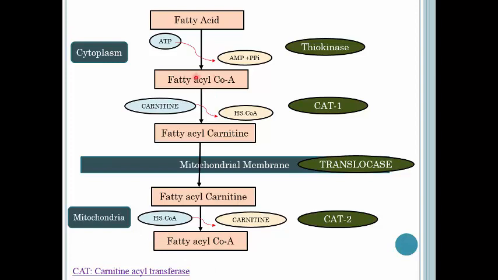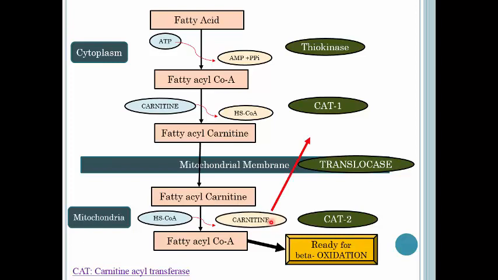So this fatty acyl CoA, with the help of CAT1, CAT2 and the translocase, has been transferred to the mitochondria, and now it is ready for beta oxidation, and the carnitine will go back into the cytoplasm. So this is how the activation of fatty acid will occur, and this is how the transport of fatty acid will occur across the membrane. These steps are known as the preparatory steps.